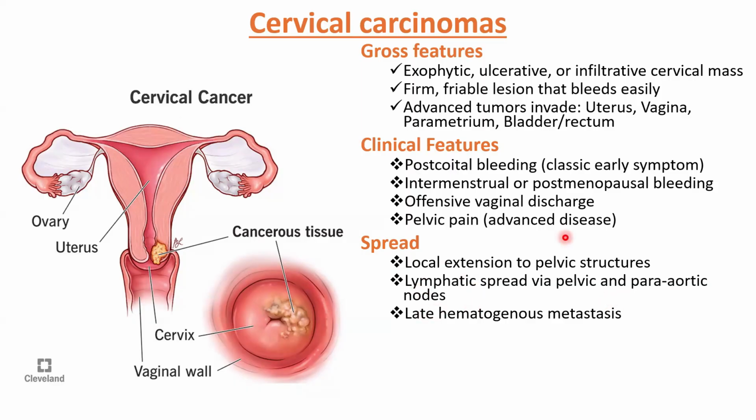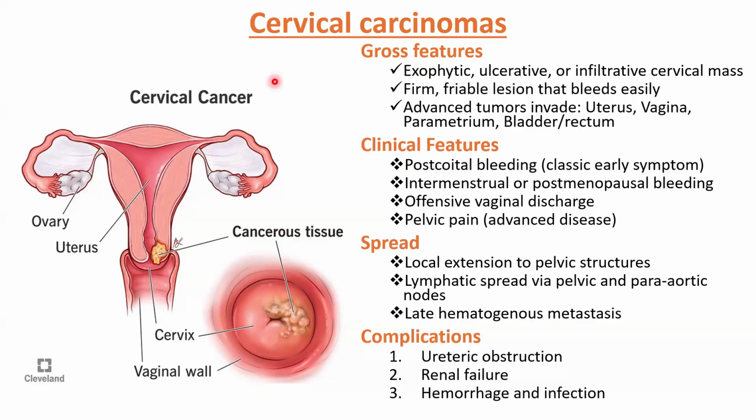So in any case, if I ask you to describe the spread of any malignancy, may it be breast cancer, prostatic cancer, cervical cancer, liver cancers, all of them spread using majorly three ways: local invasion, lymphatic spread, hematogenous spread. And then the complications of cervical carcinoma are that they can lead to obstruction of the ureters in females.